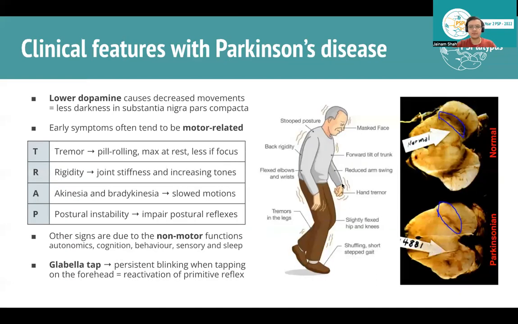Now let's talk about the most important pathology when it comes to basal ganglia, which is Parkinson's disease. So Parkinson's disease results from lower levels of dopamine. And this you can see on a pathology specimen. These are mostly post-mortem.